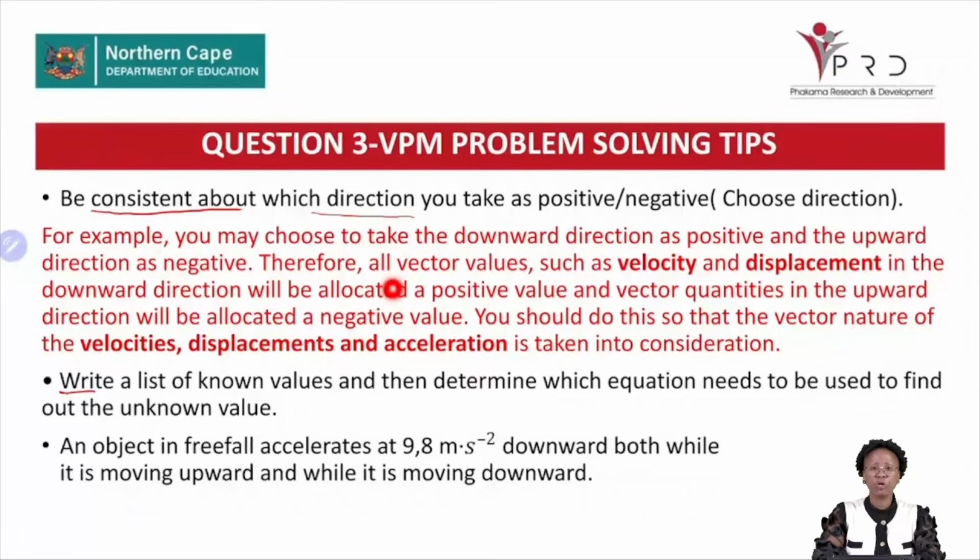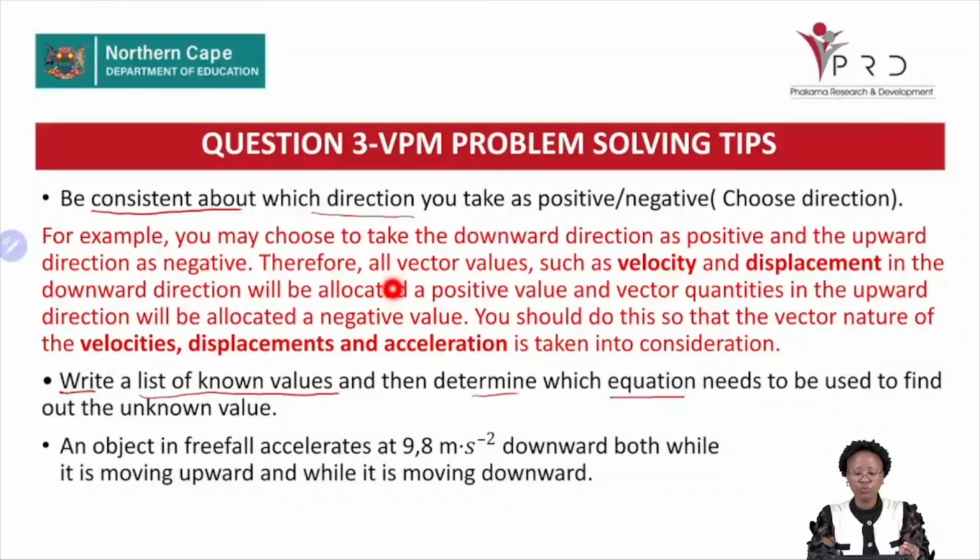Then the next thing that I want you to do, when you are being consistent with your direction, you choose your direction, you write that you have chosen downwards as positive. All right. The next thing that I want you to do is to write the list of the known values that you are given in the statement. Then you determine which equation needs to be used to find out the unknown value.